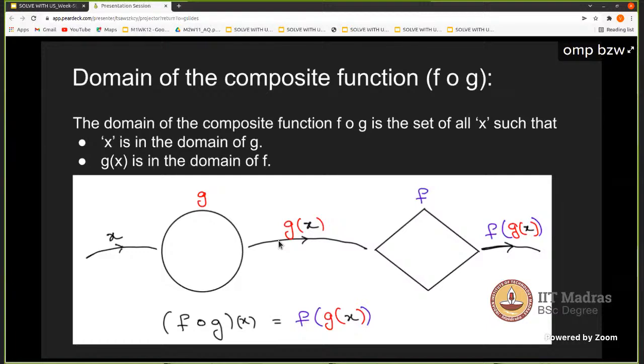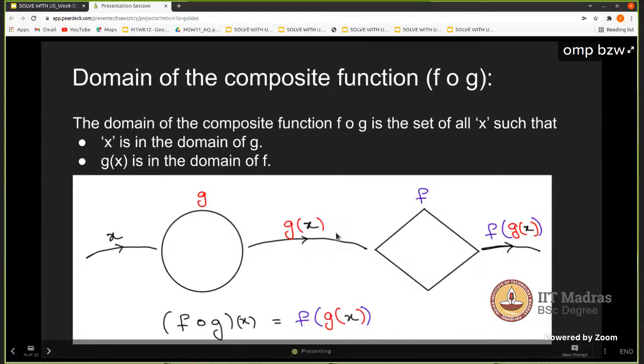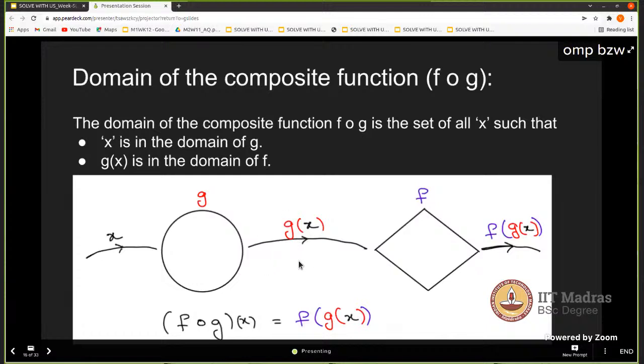If this range is a subset of the domain of f, then whatever g of x comes will go into the function f. That means whatever x is in the domain of g is sufficient to get the domain of the composite function f circle g. So the domain of g is the same as the domain of the composite function.